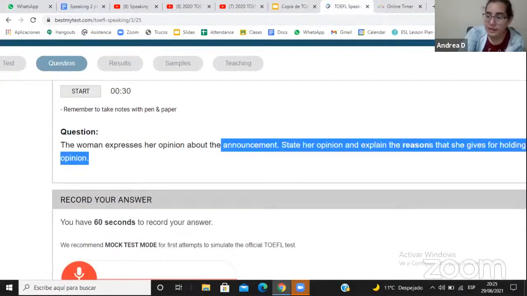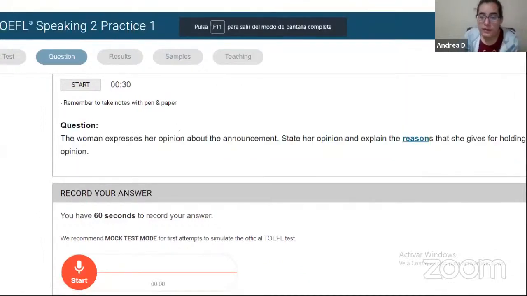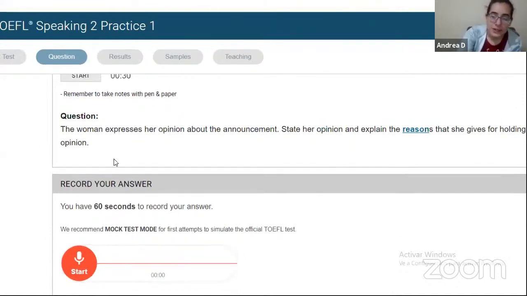The woman or the man, in case it's a man, expresses his or her opinion about the announcement. State their opinion and explain the reasons that they give for holding that opinion. So as you can see, the question is all about the student. You don't have anything here about the reading, it's all about the listening. The student expresses their opinion, states their opinion, explains their reasons. So they're not even asking about the reading.